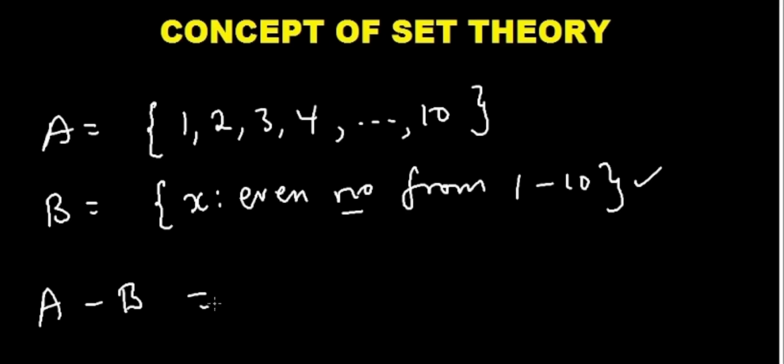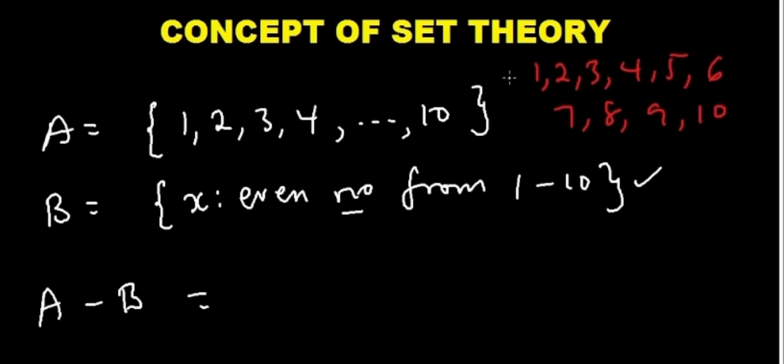It means that after I must have stated out A, I will remove everything that belongs to B from A. So let me state out all the elements of A. So I have 1, 2, 3, 4, 5, 6, 7, 8, 9, and 10. This is for A, right?